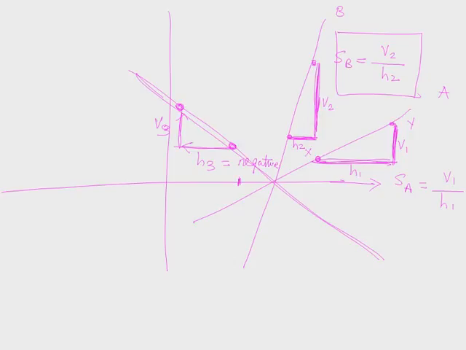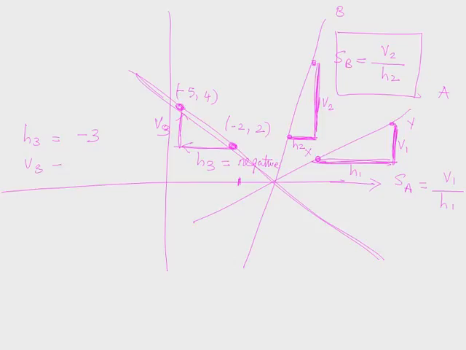Say this point is (-2, 2) and this point is (-5, 4). Then my h3, my horizontal distance, I moved from -2 to -5, and that's a distance of -3. I've gone 3 in the negative direction.